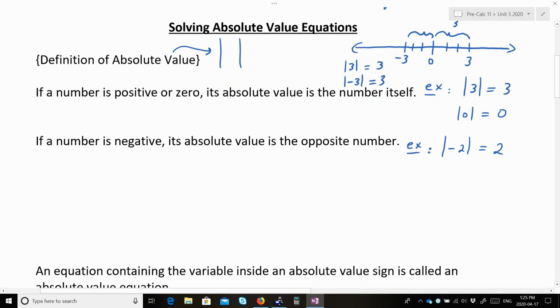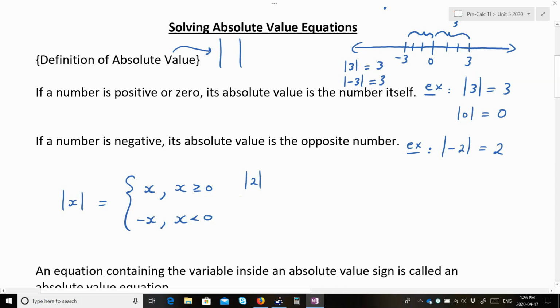The technical mathematical definition of absolute value looks like this. The absolute value of x is equal to just itself, x, if x is greater than or equal to 0, and it's equal to the negative of x if x itself is already negative, if x is less than 0. Okay, so what does that mean? So for the top case, if x is greater than or equal to 0, let's choose 2, that's greater than or equal to 0.